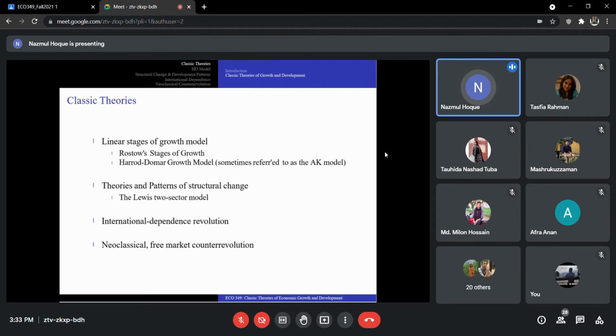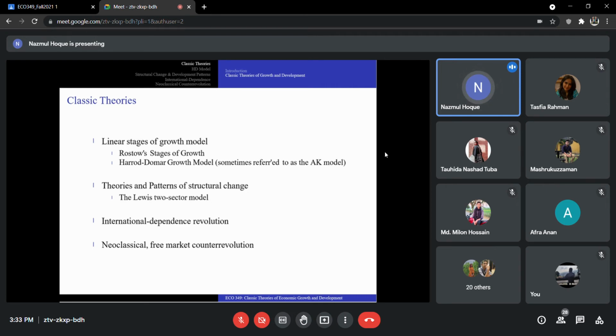There are four major categories among these classic theories: linear stages of growth model, theories and patterns of structural change, international dependence revolution, and neoclassical free market counter revolution.